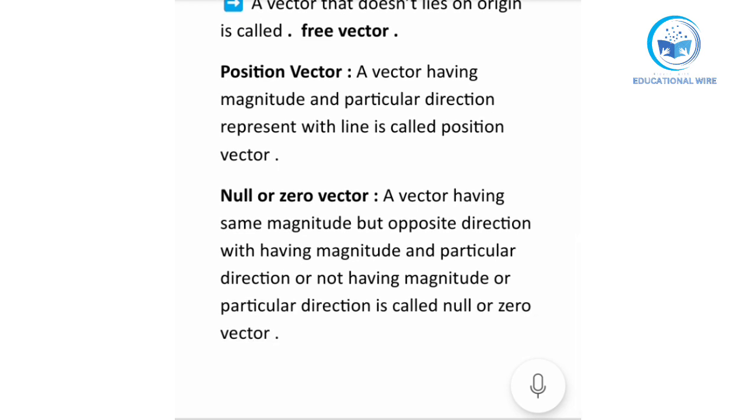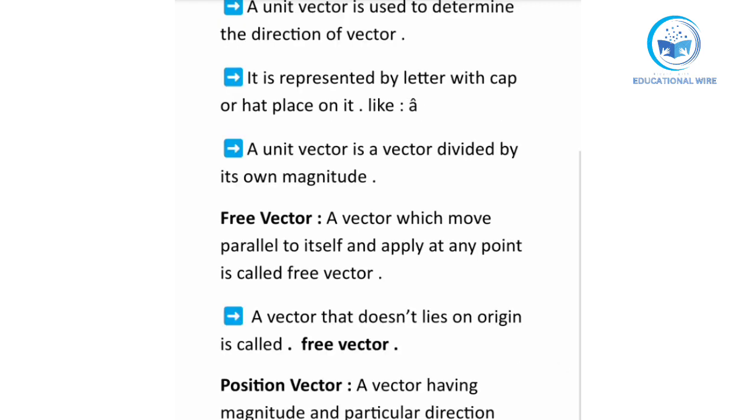How? Now we will do it with a diagram. I will make a figure, then you will understand easily that our vector has the same magnitude. Like I am having one vector over here. Same magnitude means this is the direction of the vector.